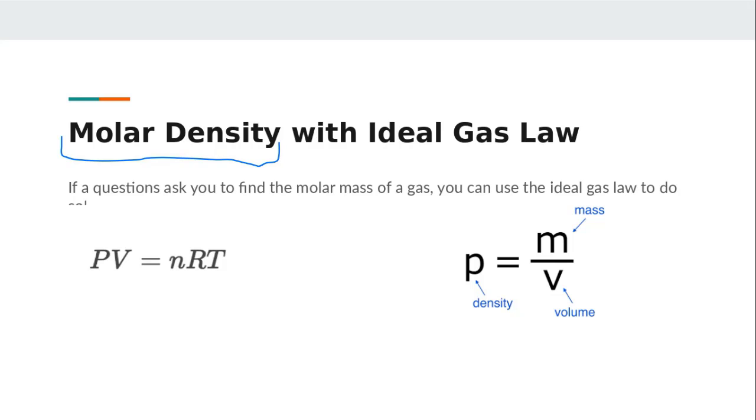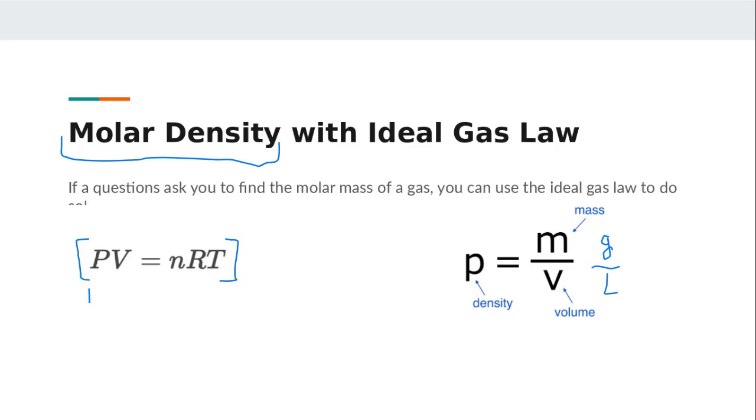If a question asks you to calculate for density, the easiest way to do it would be this. So here's our ideal gas equation, right? You have PV equals nRT. Now we know that density is calculated as mass over volume. So the units for that would be grams per liter, right? However, in our ideal gas equation, we do not have mass.